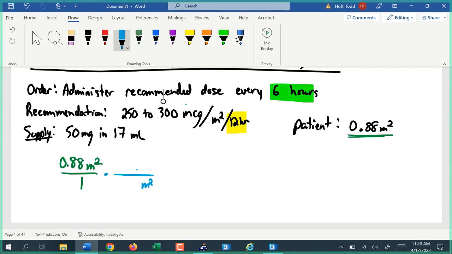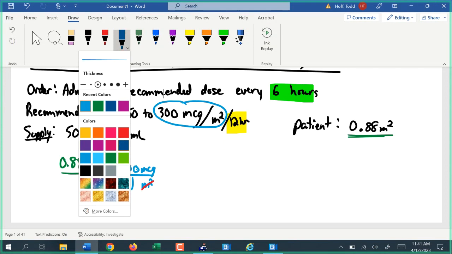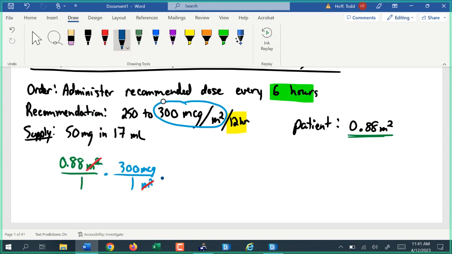So up here, we're going to start with the maximum recommendation, which is the 300 micrograms per meter squared. So 300 micrograms per 1 meter squared. So the meters squared are gone, and our units now are micrograms. However, as we look through what we have here, we don't have any other information with micrograms in it. We do see we have milligrams, so we can do that unit conversion, getting rid of micrograms, so I put those on bottom.